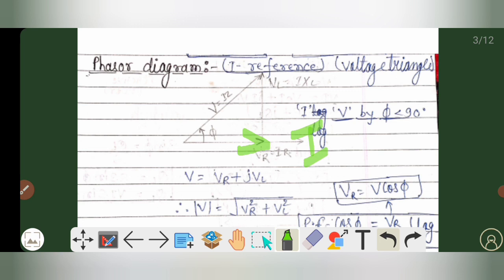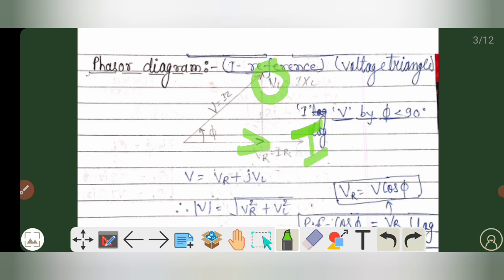As we know, the voltage across an inductor leads the current by 90 degrees. So this is the current and this is the 90 degree leading voltage across the inductor.